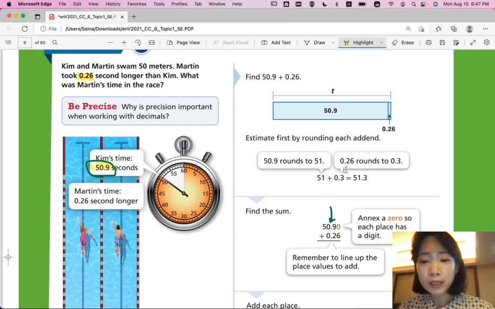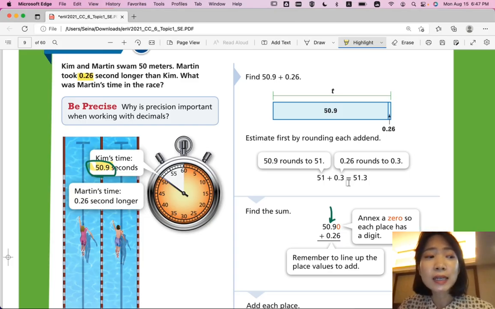So 51 plus 0.3 is an estimate here. Estimate means you're going to round up or down to a compatible number. So 50.9 is close to 51, 0.26 is close to 0.3, and you're going to add them to get 51.3. This process is just for you to think, okay, my answer is around 51.3.